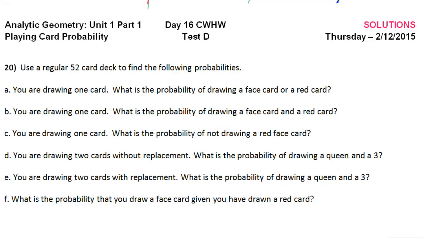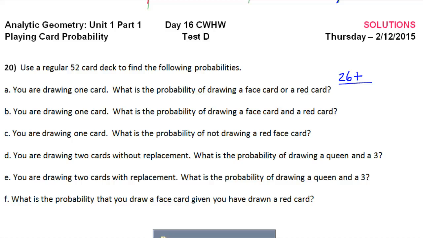Okay, so as we do this problem, you should be thinking, okay, this probability, target over total, all right, I've got 26 red cards so far. Now, or face cards, okay? Now, here's where you got to be careful.